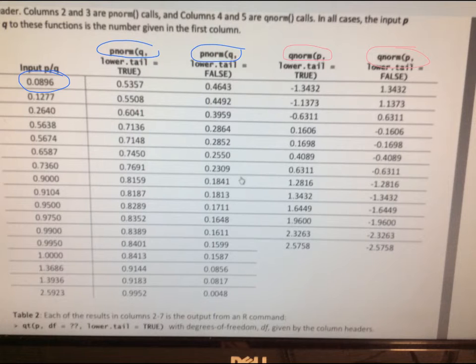The only one that I can see here that would make sense to me is this one, if these are Z values, because if this is a Z value, then that would be negative because it's below the mean. And so negative 1.3432 should give a probability of 0.0896.